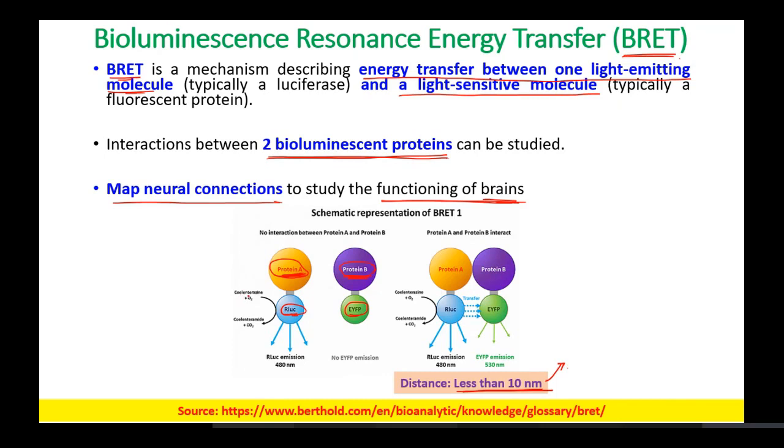Now under this condition, you will have coelenterazine over here. This coelenterazine acts as a substrate, and it is being converted into coelenteramide.